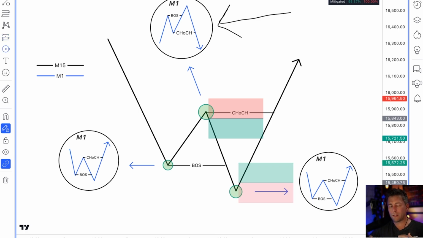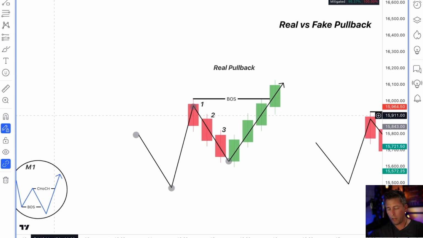So when you take this concept of market structure and combine it with liquidity and timing and a rules-based system, you're going to be very strategic, very accurate, very ninja-like with your entries. And this is how you get precision entries in the market with really good risk to rewards. Understanding that on this 1-minute time frame, the same rule applies with what we learned over here, right?